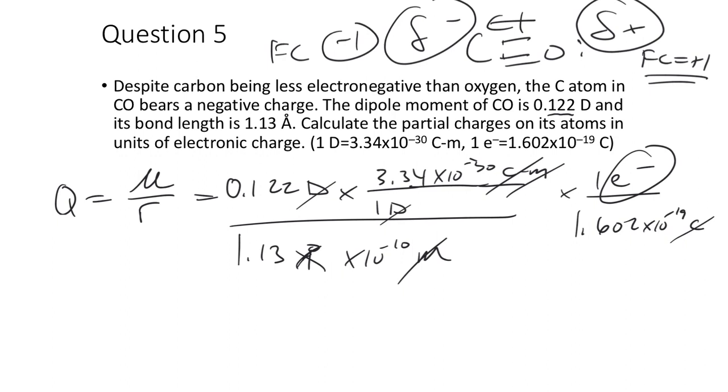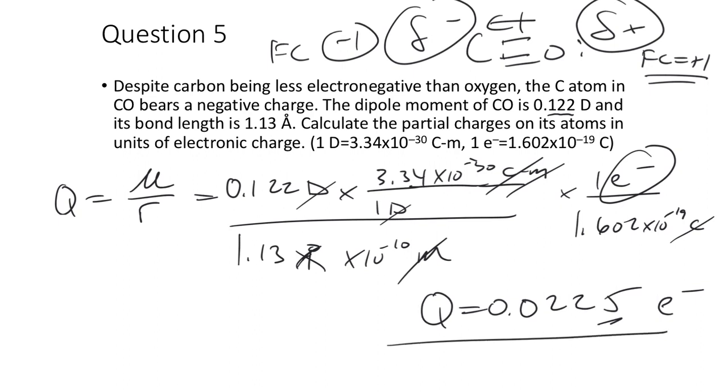Let's calculate and see what it is for carbon and oxygen in CO: 0.122 times 3.34 E minus 30, divide by 1.13 E to the minus 10, and then divide by 1.602 E to the minus 19. And I get that Q is equal to 0.0225 units of charge relative to that of an electron.